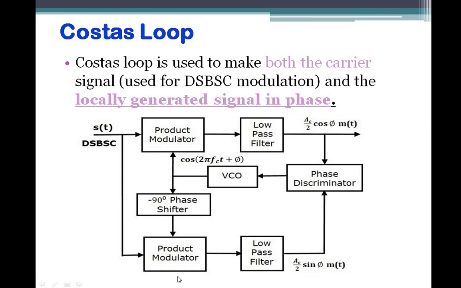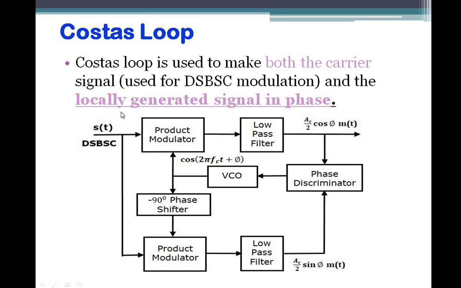But here, for the second product modulator, this carrier is given with minus 90 degrees of phase shift. Here we are not having any 90 degrees phase shift, directly we give cos 2 pi fc t plus phi, and for the other it is cos 2 pi fc t plus phi minus 90 degrees that you have to consider. Clear?